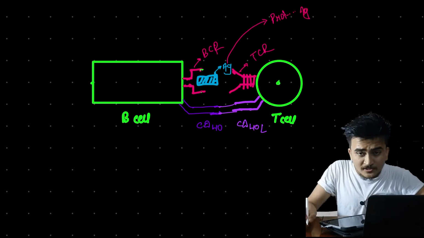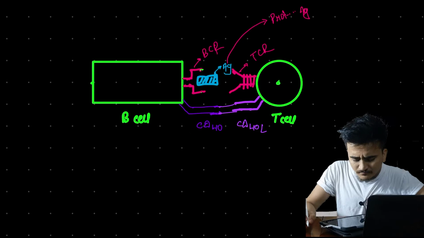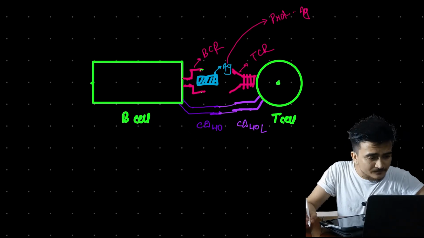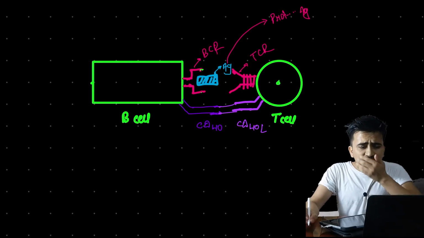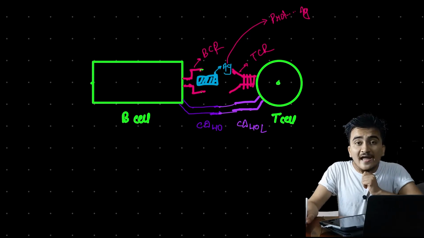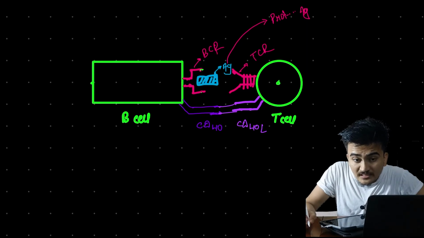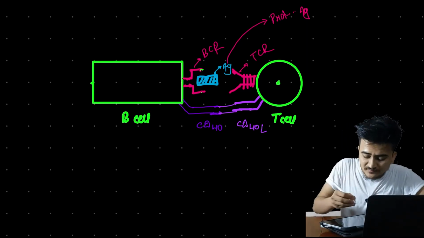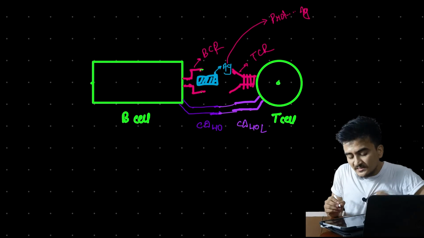Since this antigen is presented to the T cell receptor, this T cell will get activated. As this T cell gets activated, there will be the production of antibody. Now what is that antibody? That antibody is IgM.